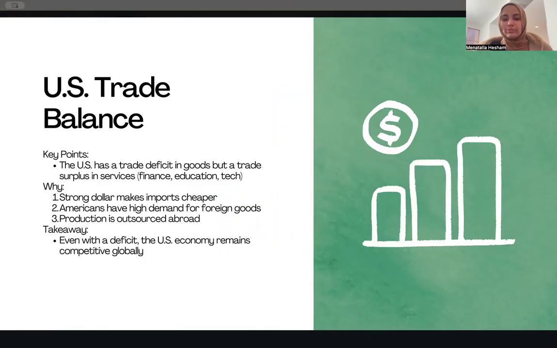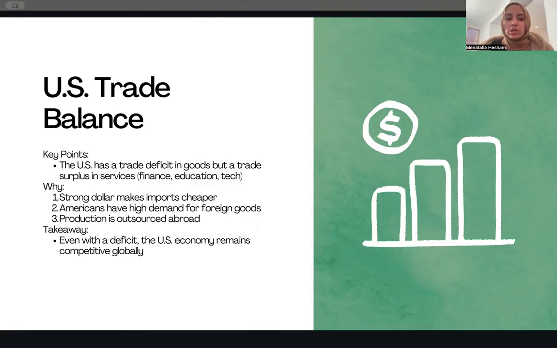So here we have the trade balance. Currently, the United States runs a trade deficit, especially in goods like electronics and vehicles. However, the US maintains a trade surplus in services such as finance, education, and technology. Several factors contribute to the deficit.